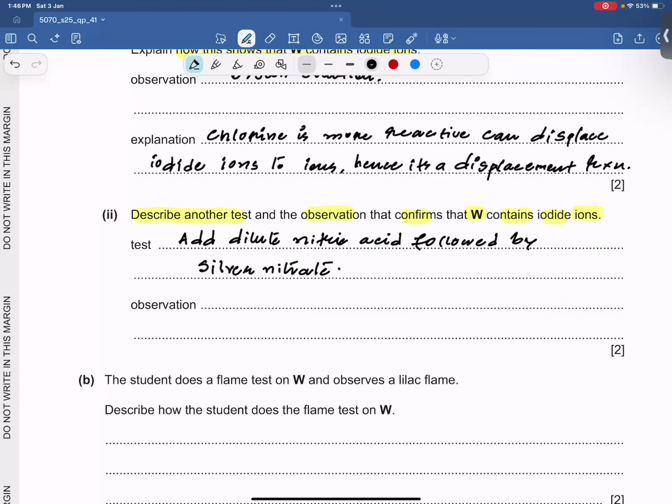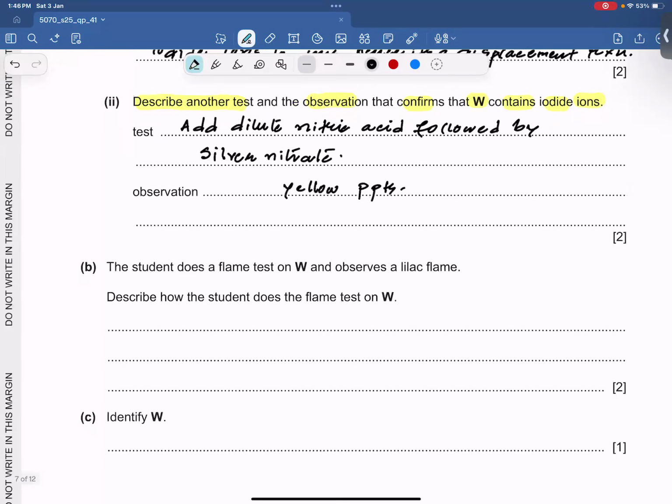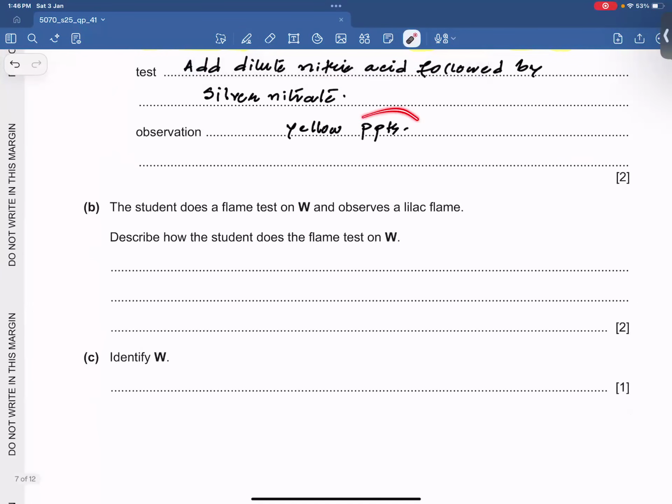Yellow precipitate is formed, and that is going to be your observation. Don't write in short words. You need to write it in proper terminology. You need to write proper precipitate.